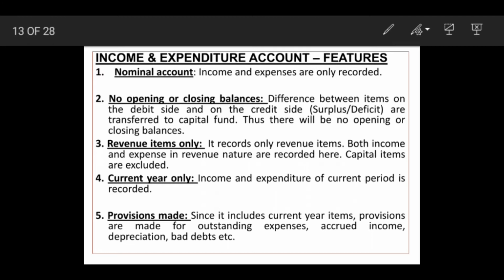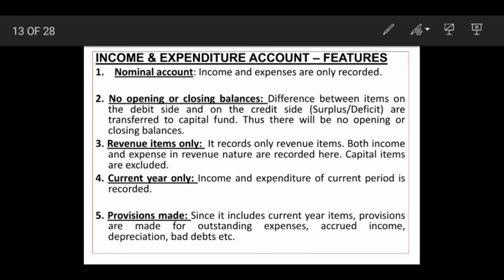Then provisions are to be made. Since this account only includes current year items, the provisions regarding outstanding expenses, accrued income, depreciation, bad debts, etc. should be shown in this account.